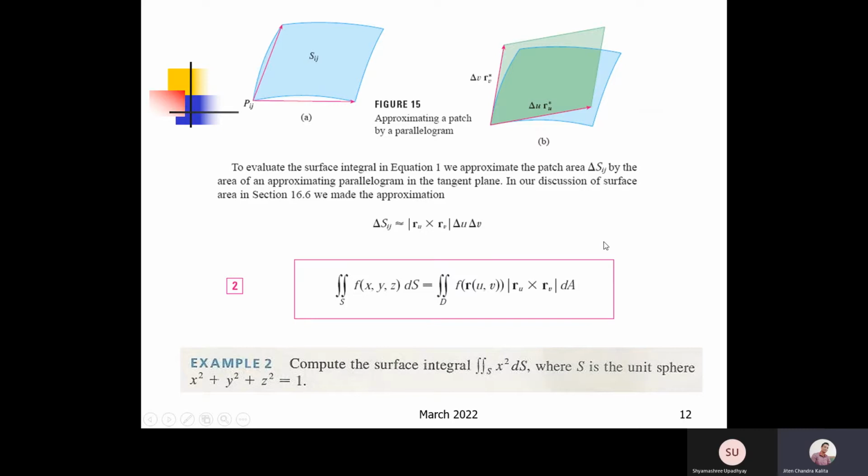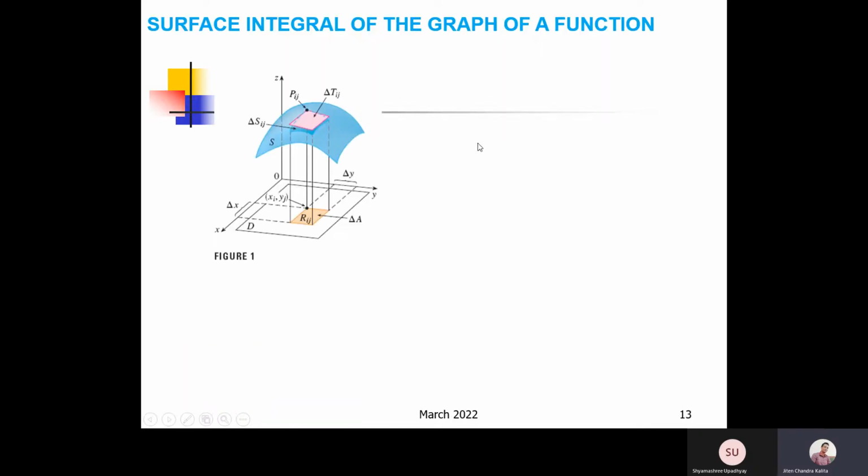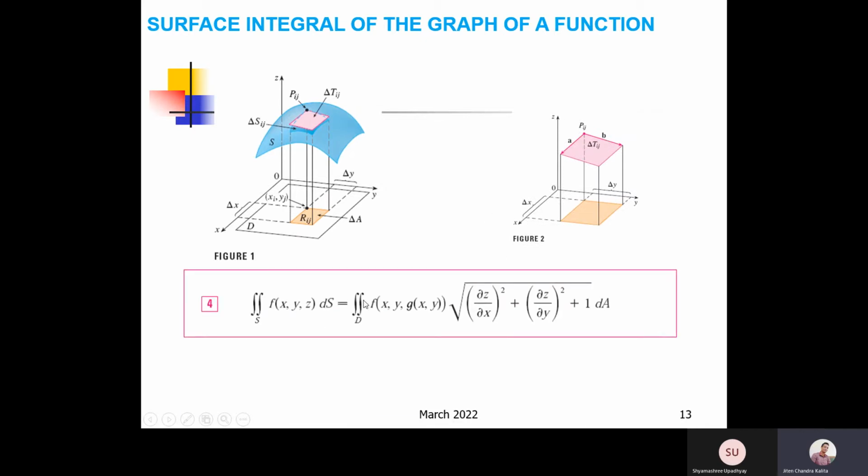Okay. Now I would like to do more here, but let me say a surface integral of the graph of a function. It is pretty straightforward.